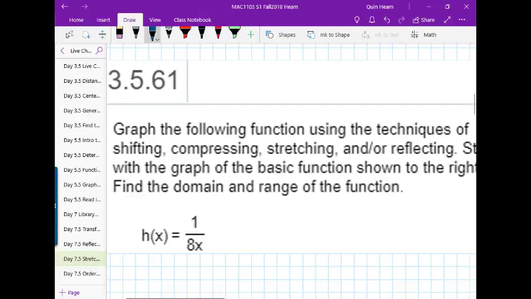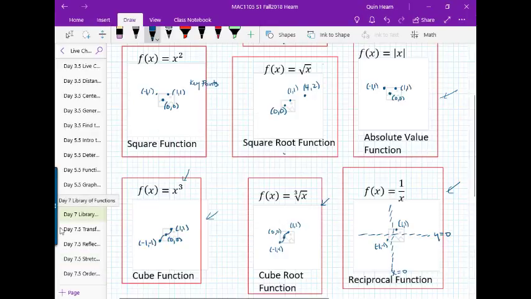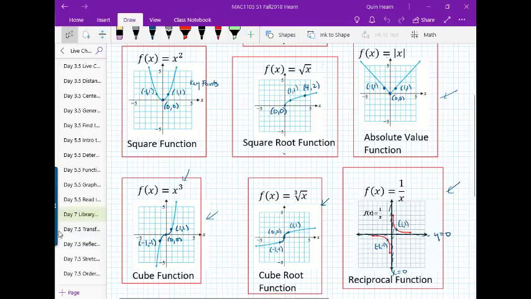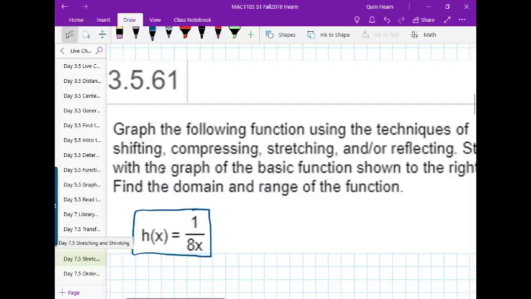All right, so let's look back at our library of functions and see what the parent function might have been. We need to identify our parent function. So going back over here, remember the function we're working with is 1 over 8x. So that's closest to the reciprocal function 1 over x. So that's going to be our parent function.